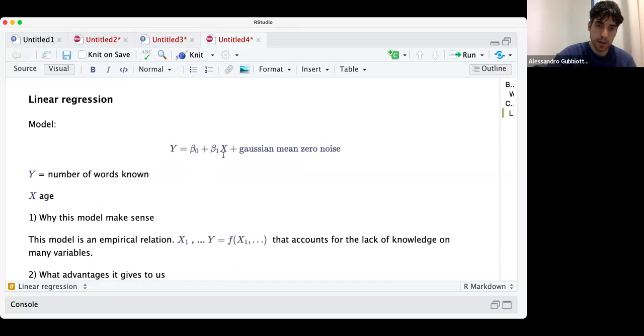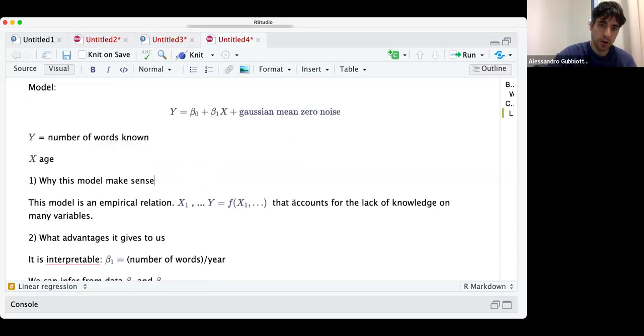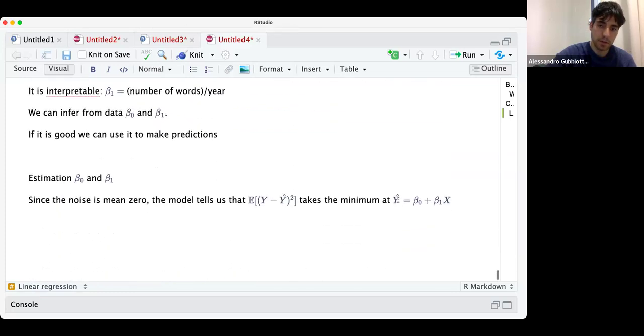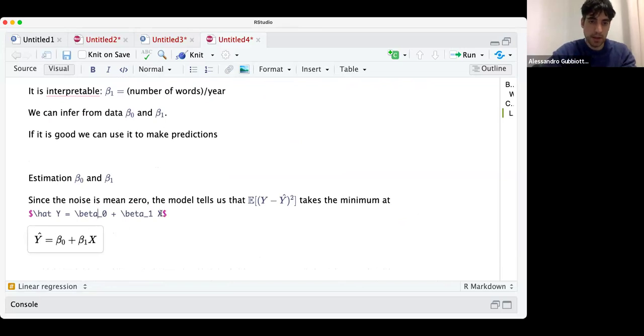So this is the mean of x. The mean of y given x is simply this one. The mean minimizes the least squares, so our prediction is this one, which is equal to the expected value of y given x.